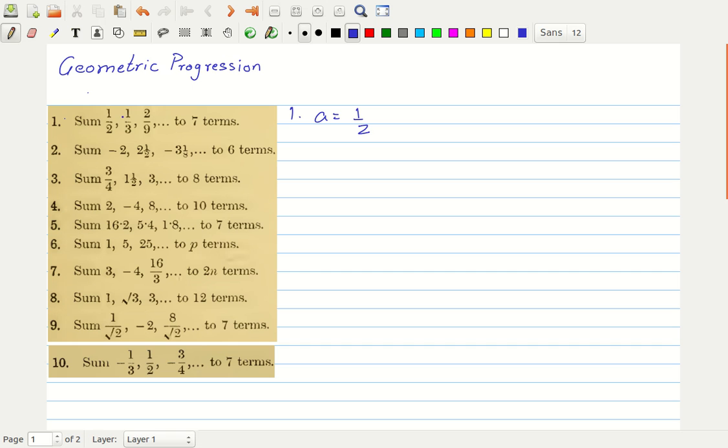You can take any two consecutive terms and just divide them to find R. So, for example, I can take 2 by 9 divided by 1 by 3. So, R is going to be 2 by 9 divided by 1 by 3. This will be equal to 2 by 9 times 3, or 2 by 3. So, R is going to be 2 by 3.